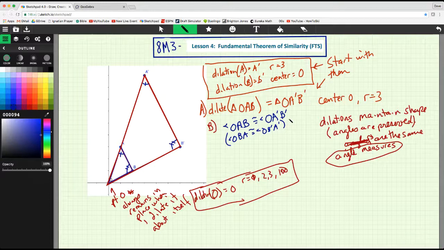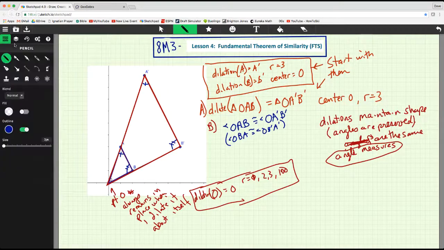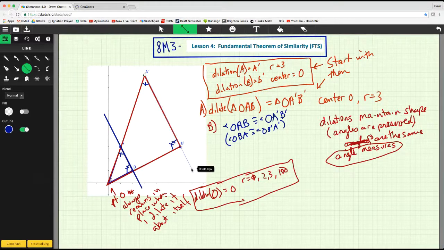So what I want to do now is we know that these angles are the same. Now, some of you can remember back to the end of the last unit and know what kind of angles these are. Now, I'm going to show you something kind of cool here, and I want you to pay close attention. We're going to extend this line like this. We're going to extend this line like this. And we're going to extend this line like this.